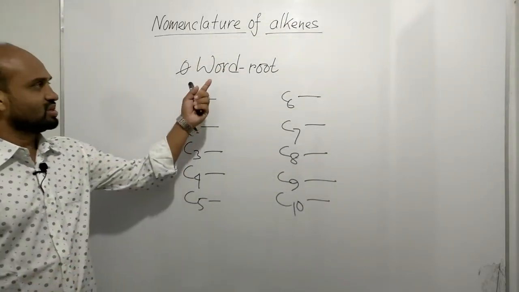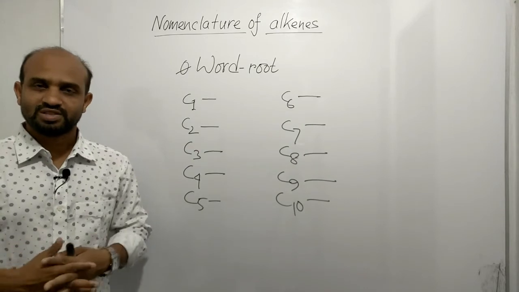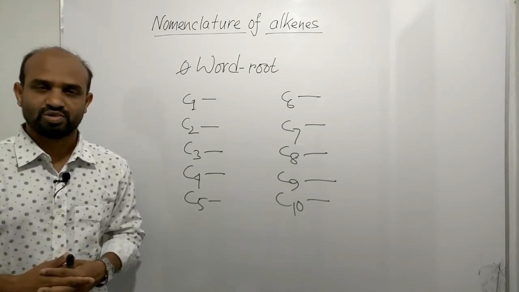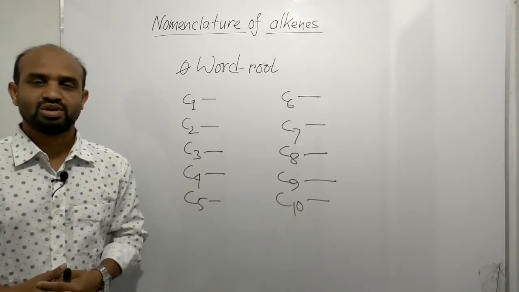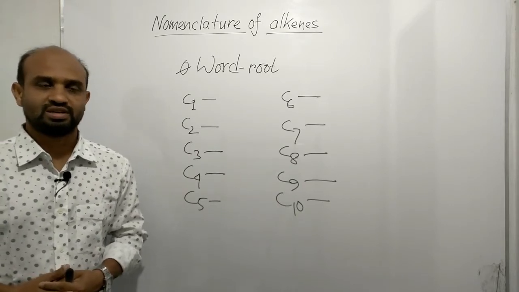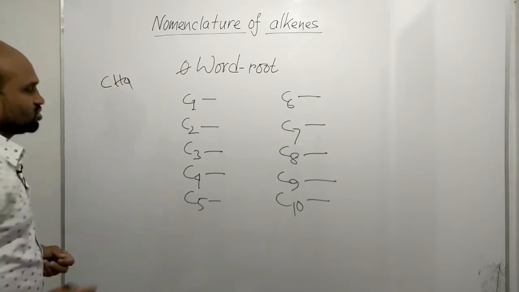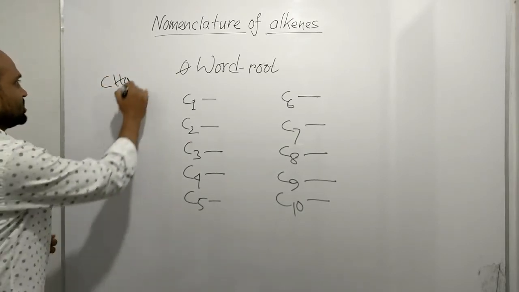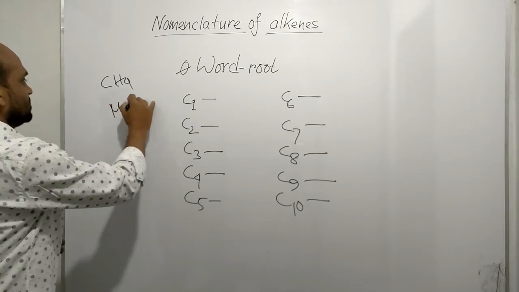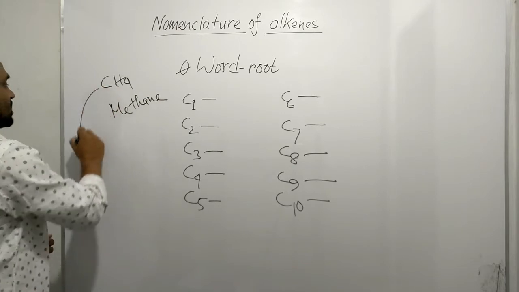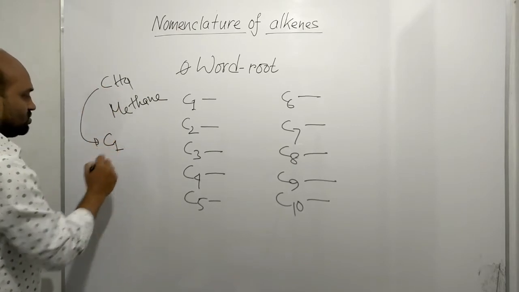What is meant by word root? It has been discussed in the first lecture of nomenclature of organic compounds. Nevertheless, I'd like to tell you some words about it again. Let's see a compound methane. We all know its name is methane. And here, how many carbon atoms? One carbon atom.